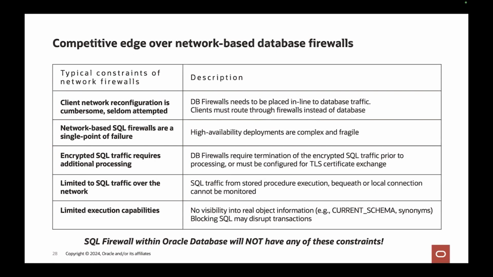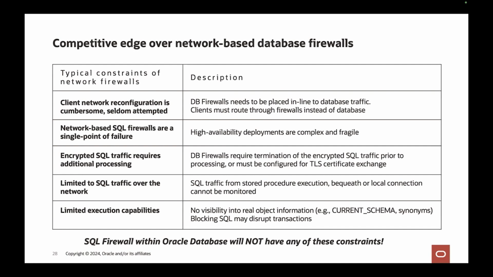All the client traffic must be routed to the database firewall instead of the database, and the database firewall talks to the database. So here you don't have to worry about it. Now, if you have the network database firewall, unless you have it in the HA deployment mode, that turns out to be the single point of failure too. So you need to have the HA deployments, which are relatively complex.